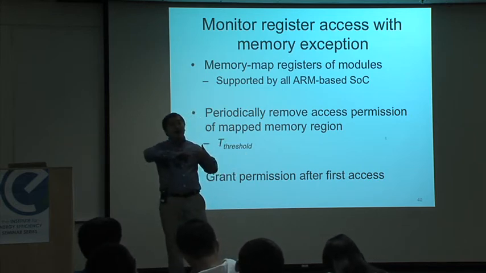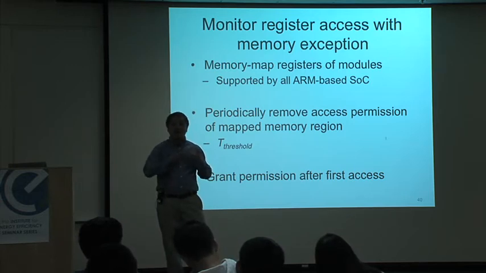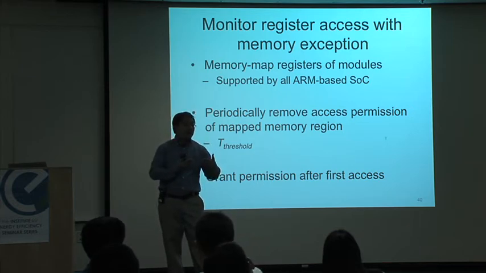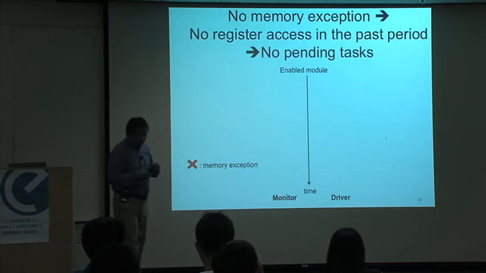Therefore, the following accesses go through without a memory exception, so there's no overhead. But your bookkeeping knows that this module has been accessed since the last time you removed the permission. Let me give you an example. It's a little bit complicated.